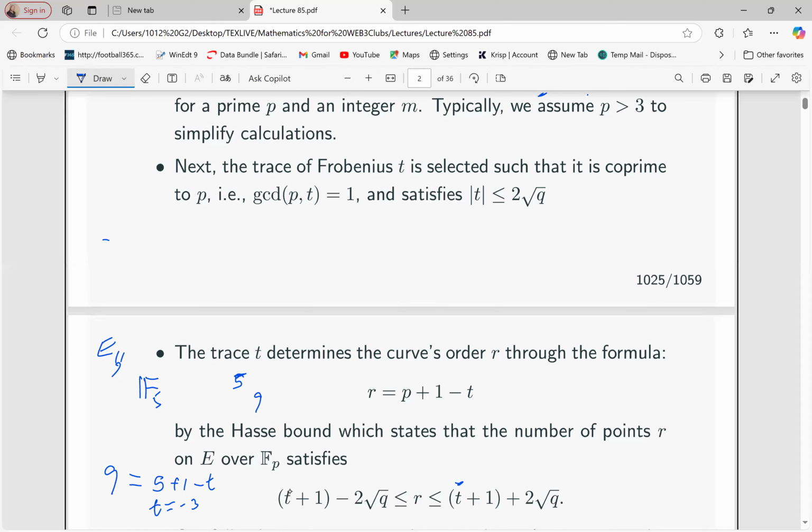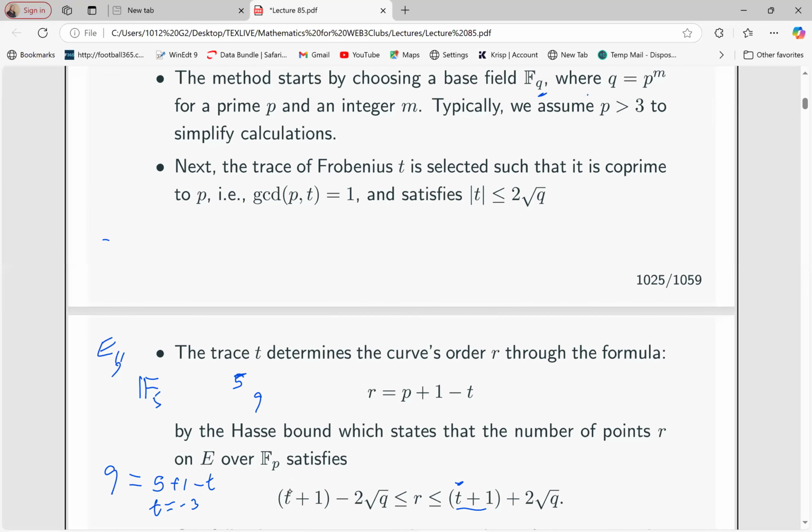So if I put negative 3 here, this will be 4, then plus 2 root 9. And on the other side, it will be 4 minus 2 root 9. So you find that the number of points, which are 9, are in this range. Not root 9, root 5. So root 5, the base field.